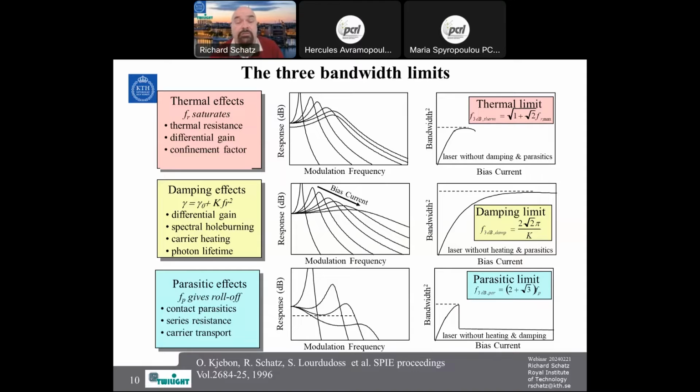If it's parasitic effects, maybe you should dope the active region a little more heavily or improve the contact of your laser. If it's damping effects, you need to decrease maybe the photon lifetime by reducing the effective reflectivity of your device. So by calculating and extracting these limits for an individual laser, you can see what is the most successful route to improve the bandwidth of that laser.